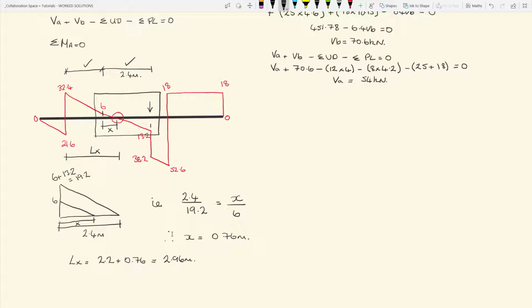So that is the point on the beam where we have zero shear, and because of the relationship, where you have zero shear, you have a maximum bending moment. So at 2.96 meters, the bending moment will be at a maximum.